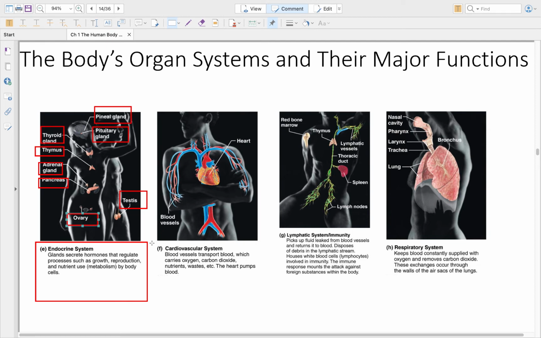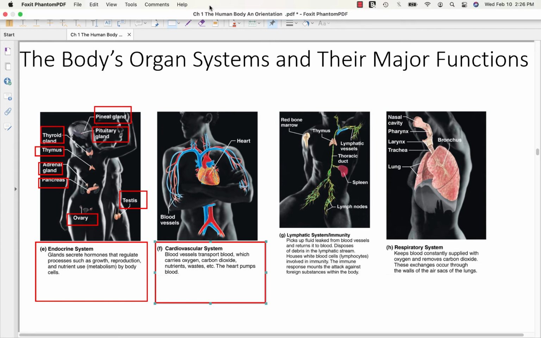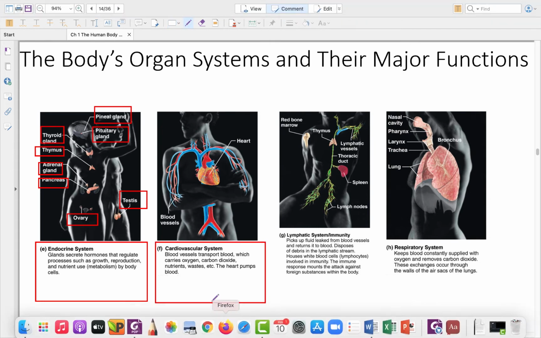Okay, our cardiovascular system, which we've talked about before, its job is to transport blood and specifically transport oxygen and deliver oxygen to every single cell in your body. Okay, and at the same time, remove carbon dioxide from your cells, remove waste products. So ultimately, let's be very clear here.